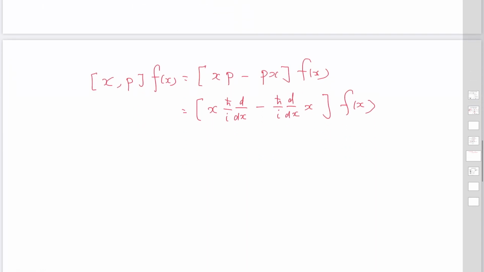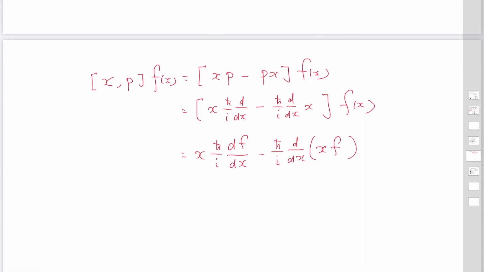Then we'd like to expand this parenthesis. It becomes x h bar over i df/dx. And for the second term, you have to be careful. This is d/dx acting on x f.